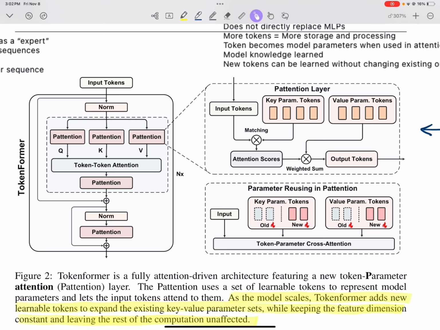So let's mention one more thing about this new P attention layer. It says here that P attention uses a set of learnable tokens to represent model parameters and lets the input tokens attend to them. So the fact that there's a P attention in different spots right here means the P attention is going to carry out different functions. Here it carries out the function of generating the queries. Here it carries out the function of generating keys.